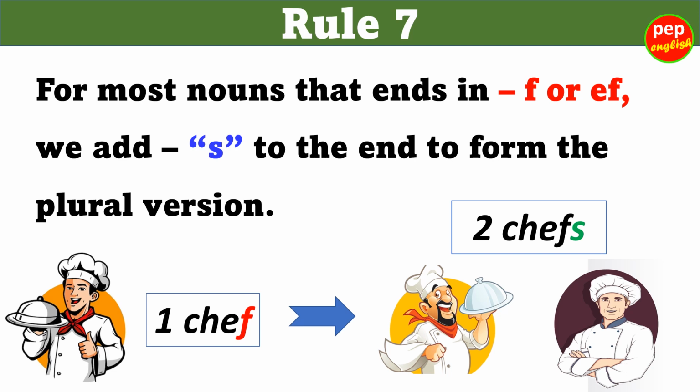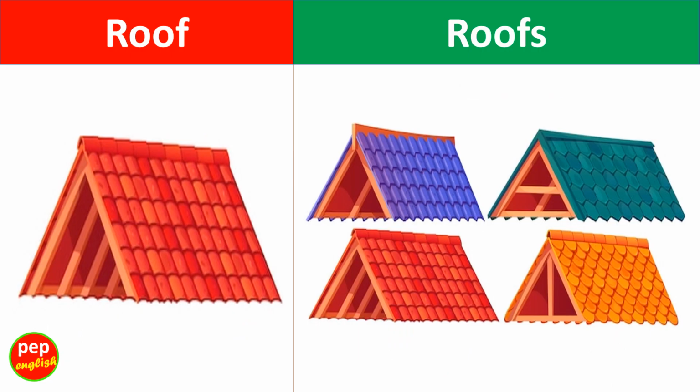For most nouns that end in f or ef, we add s to the end to form the plural version. 1 chef. 2 chefs. Roof. Roofs.